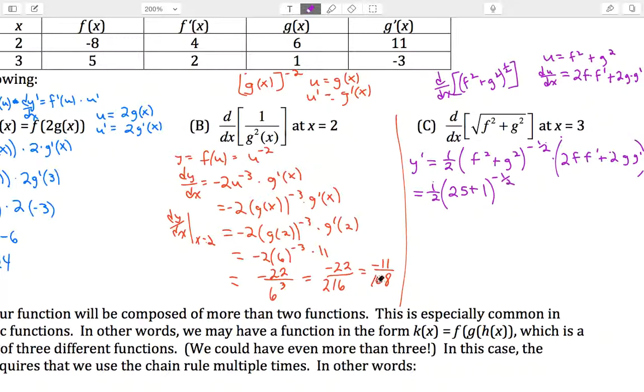No, f is 5, but it's squared. So it's 5 squared. See, f of 3 is 5, squared is 25. And then g of 3 is 1.